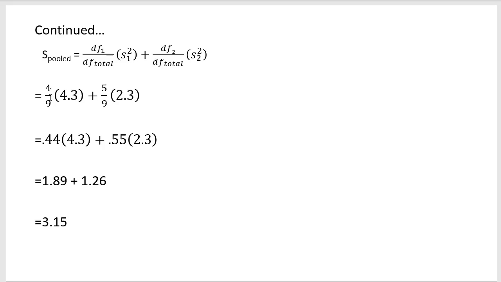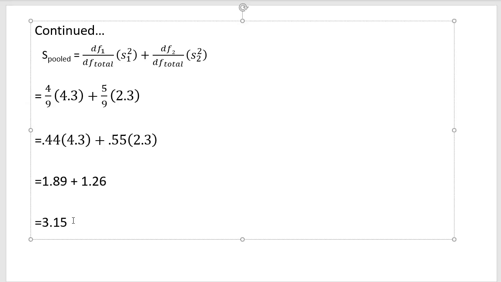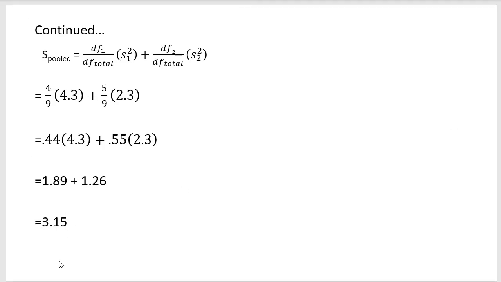So we divide 4 by 9 and get 0.44 times 4.3 plus 5 divided by 9 equals 0.55 times 2.3. When we multiply those out, we get 1.89 plus 1.26, and then 1.89 plus 1.26 equals 3.15. This figure, 3.15, is the pooled variance between the two groups.